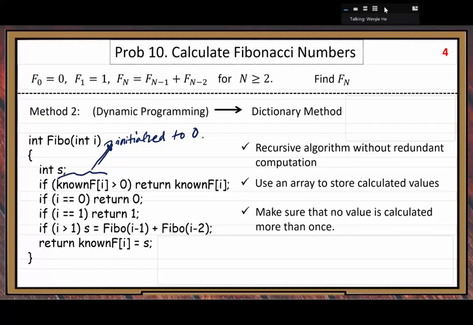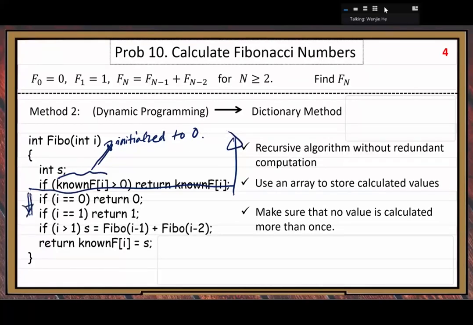Because in location I, the known f value is 0. Because if it's non-zero, you return. You do not go down, go lower, right?